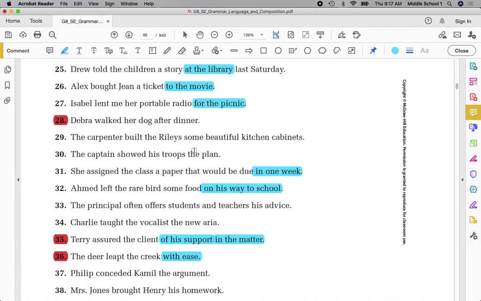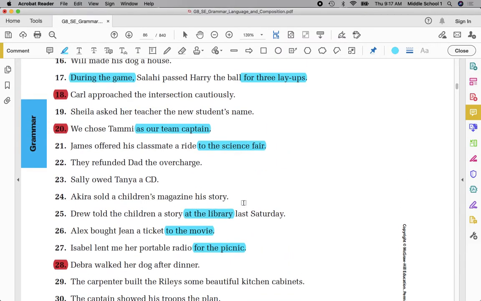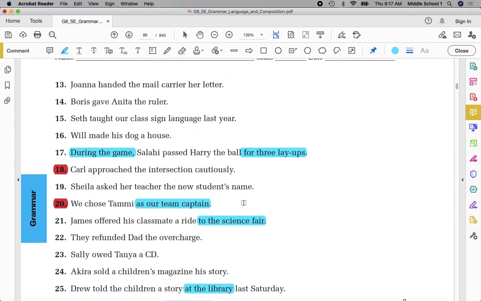You'll also notice that I have highlighted some of the words in these sentences because these are prepositional phrases, and because they're prepositional phrases, I cannot take them for indirect or direct objects.